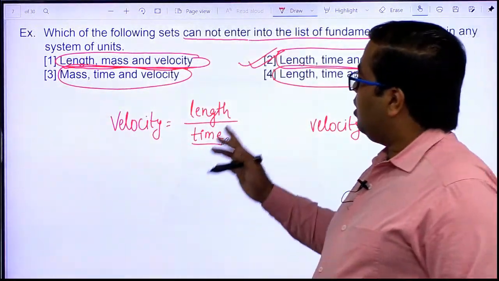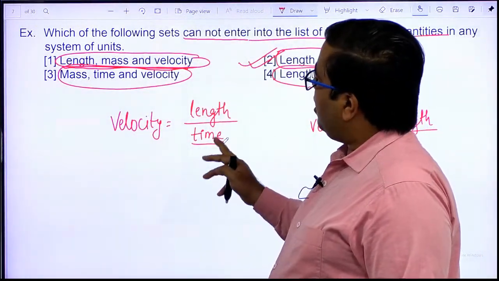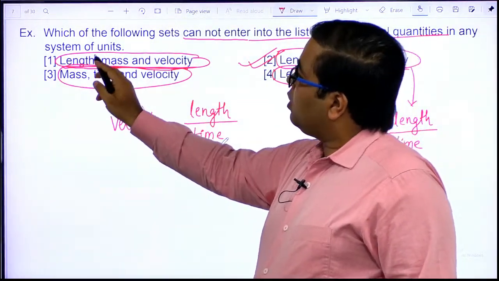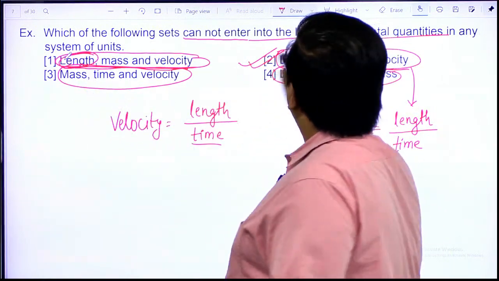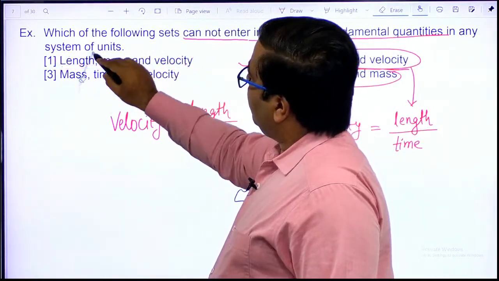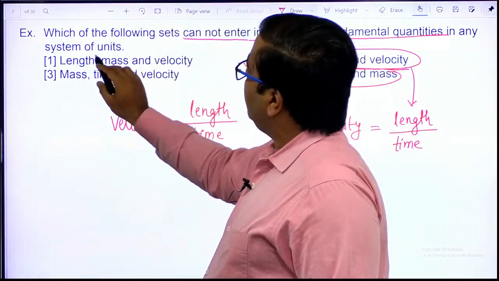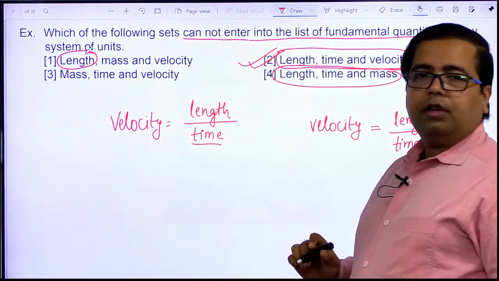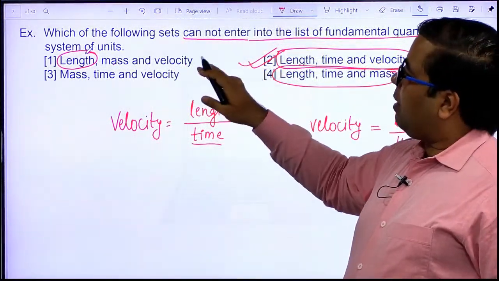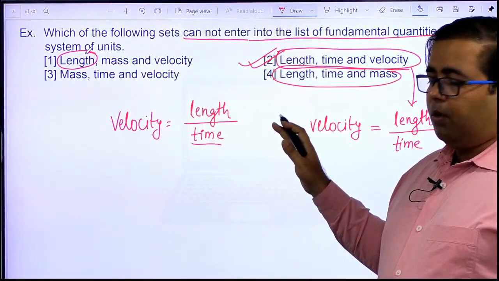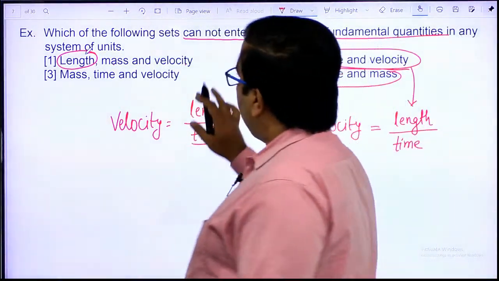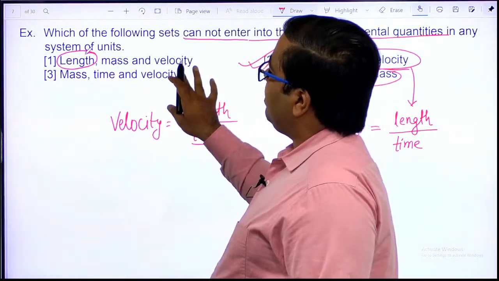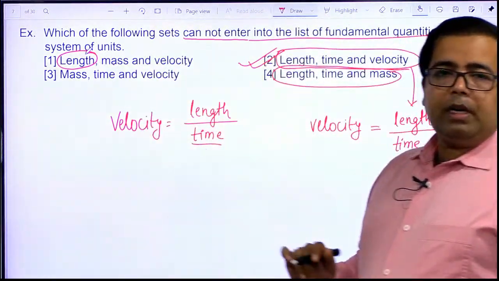So length, mass and velocity are independent from each other, and they cannot be derived using these sets. So that means they can be taken as fundamental quantities.